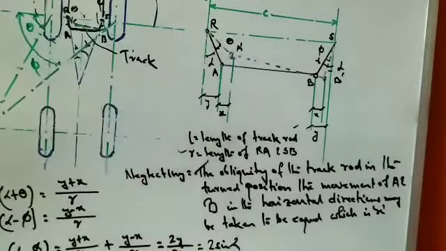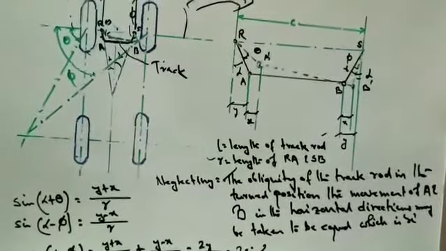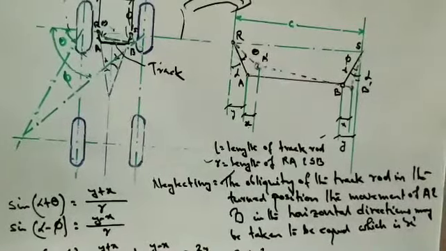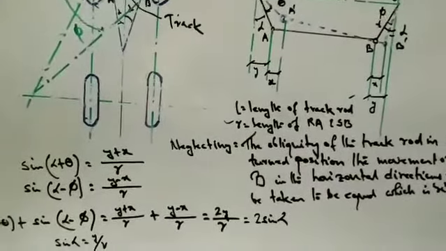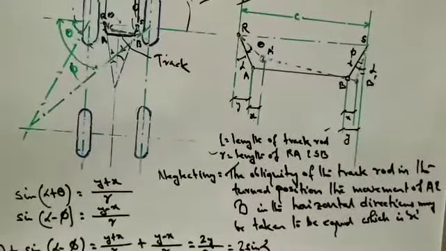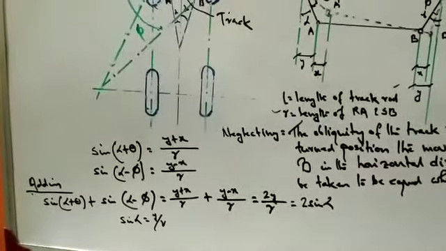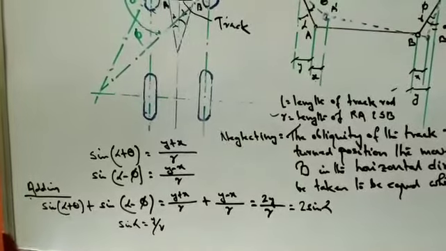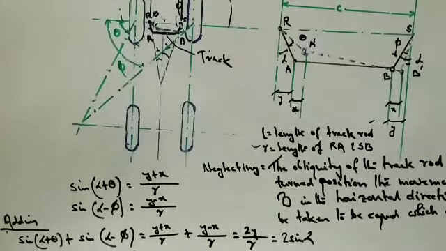So sine of alpha plus theta plus sine of alpha minus theta is equal to 2 sine alpha. This is the Ackermann's mechanism.